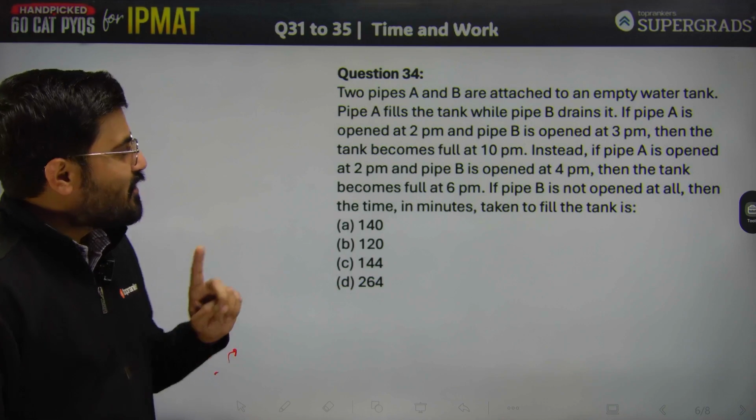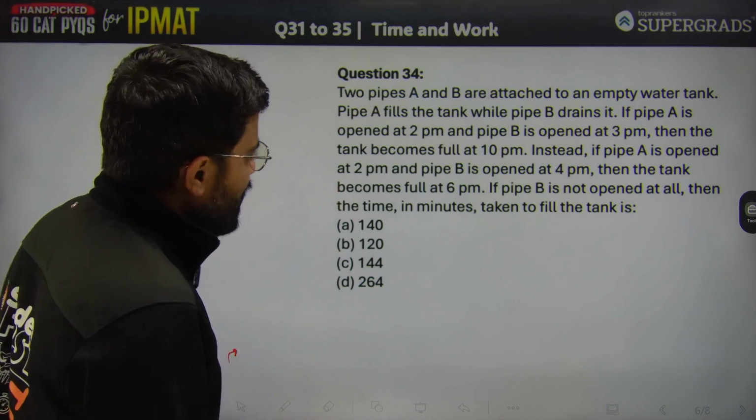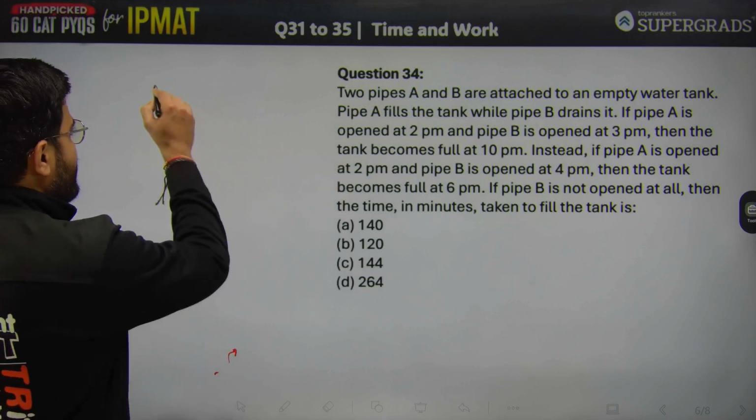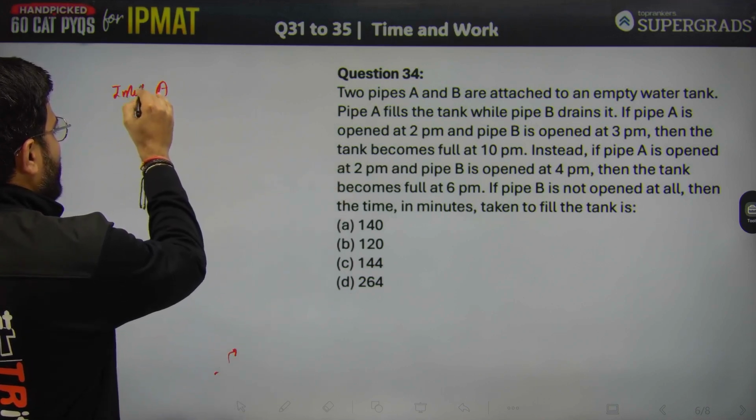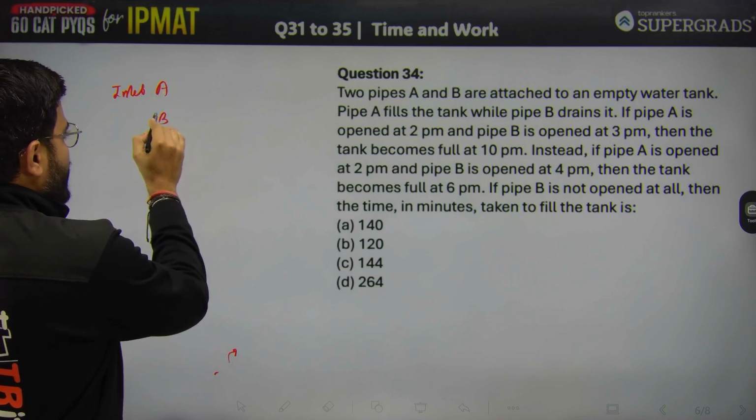Okay. So again, two pipes A and B are attached. Pipe A is an inlet pipe and pipe B is an outlet pipe.